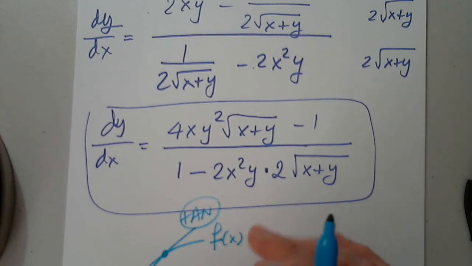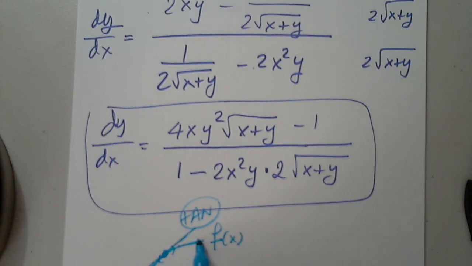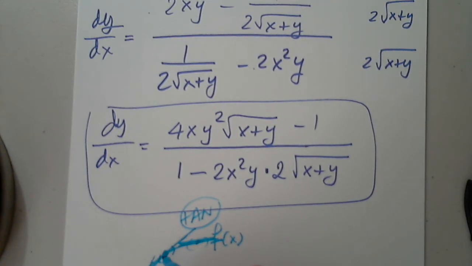Because later on in this chapter, we are going to use this line to approximate this function near this point, not here. Here I need another tangent to approximate over there. It's too far away from this point.